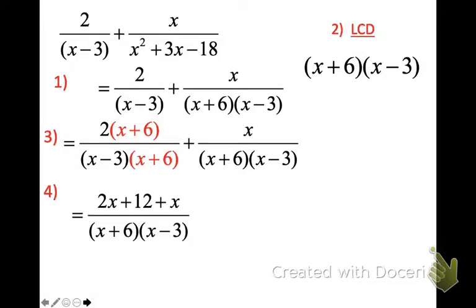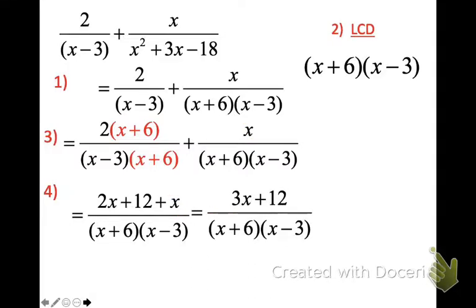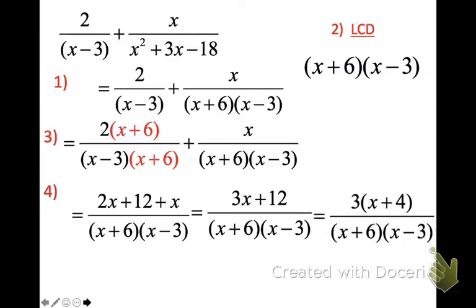So we have our 2x plus 12, and then we had this x over here. So I'm going to go ahead and combine it. And then we're looking at it, and we say, oh, I can take out a 3. So we're going to factor out a 3. And then unfortunately, we factored, but we weren't able to reduce anything. So that's our final answer.